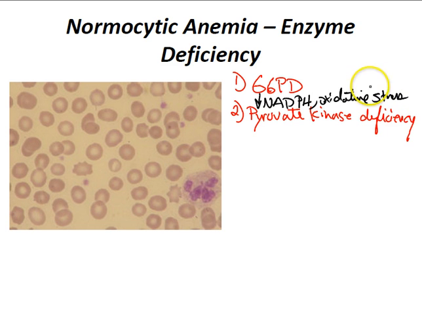And therefore, we get hemolysis. We start hemolyzing our cells. There's a 10% incidence in African Americans and persons of Mediterranean extent. Exposure to oxidative stress can cause acute, self-limited intravascular hemolysis, hemoglobinuria, where you see dark urine, hemoglobinemia, and jaundice.